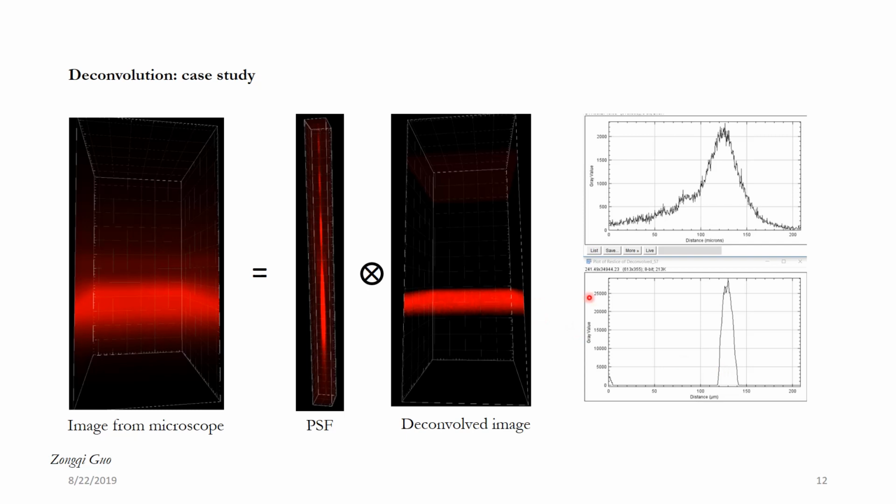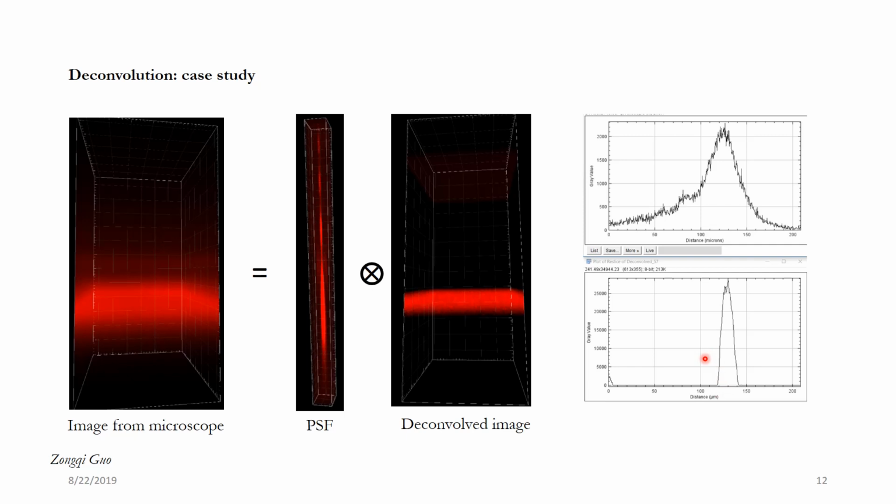This is the line profile plot across this image, and you can see that it's very widespread and very noisy, and there's spread around here. But the moment we deconvolved it back to the original, we could get a very tight image like this. So this shows the power of deconvolution.